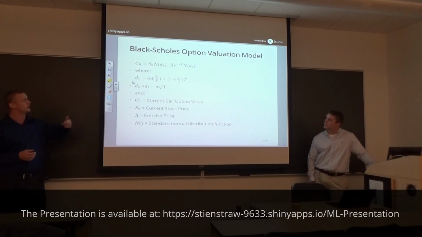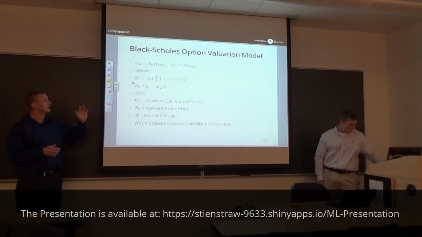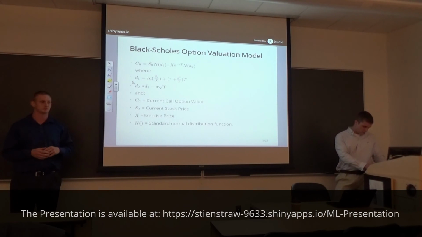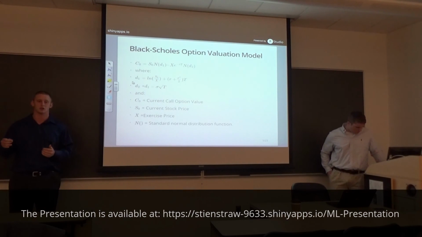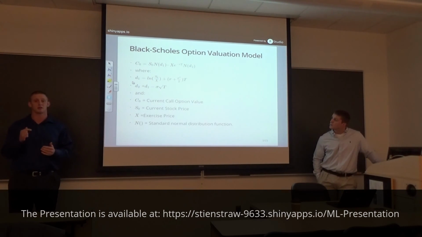Now to get into the actual components of the formula behind it, C0 represents the call option price, and it's equal to the stock price times the normal distribution of d1, which I'm going to explain how you get in a second, minus X, which is the strike price, times e, the base of the natural log function, raised to the negative risk-free rate times time, times the normal distribution of d2.